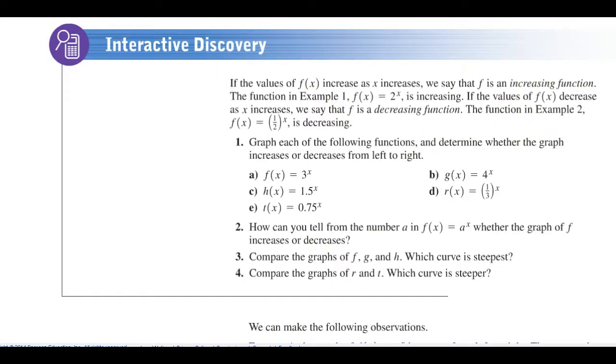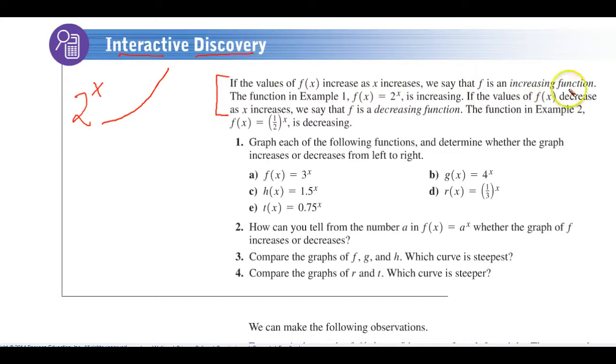Now, in our textbook, they do give us this interactive discovery, which is what we've talked about. Now, if we have, let's say, 2^x, and this value is increasing, that is, becoming larger numbers, our curve goes up.